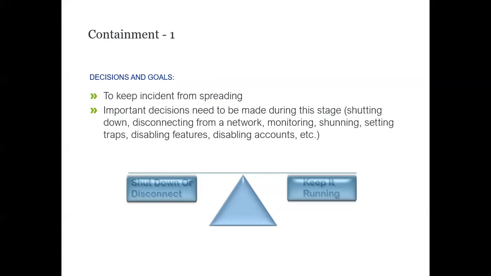In the same way, suppose certain servers have been compromised. Some hackers had access to certain systems. The first thing we are going to do is shut down the system. We need to disconnect the system from the network. We need to disable the features. We need to decide whether we are going to shut down the system, disconnect it from the internet, or keep it running.